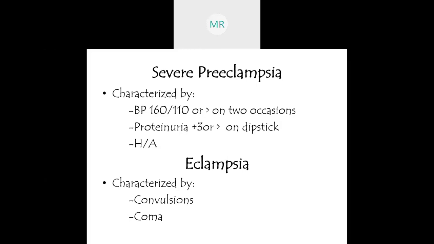Urinary output needs to be more than 30 cc's an hour, and deep tendon reflexes need to be positive. Usually you do the biceps reflex. Positive. You do not want to see clonus. Those 3, respiratory rate, urine output, and DTRs, need to be assessed every hour on the hour when mom is on magnesium sulfate.